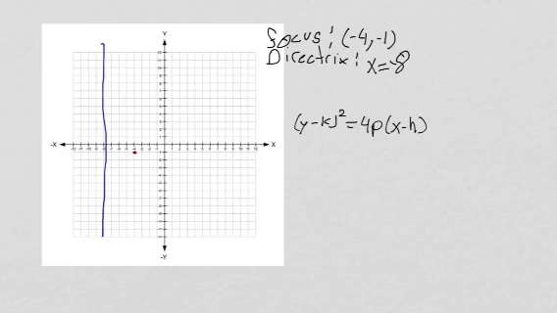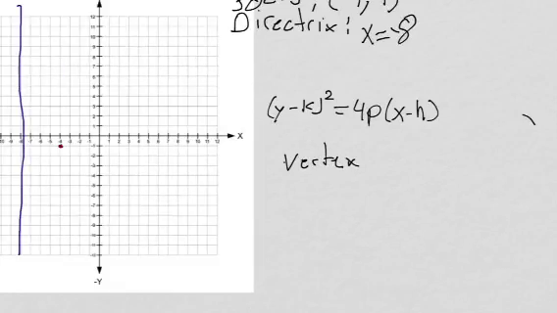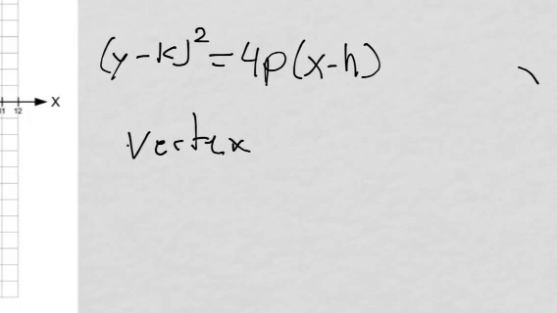So I went ahead and wrote out the equation over here that we are given to describe a parabola. So if we start out with the vertex, the equation for the vertex is just h, k.